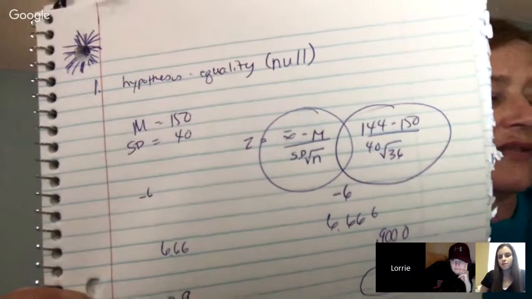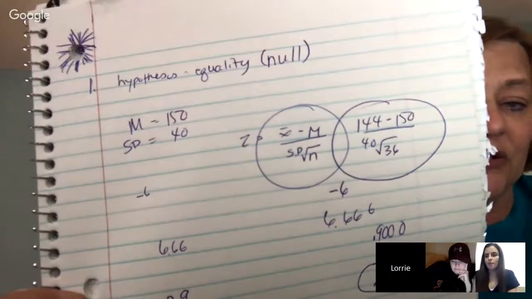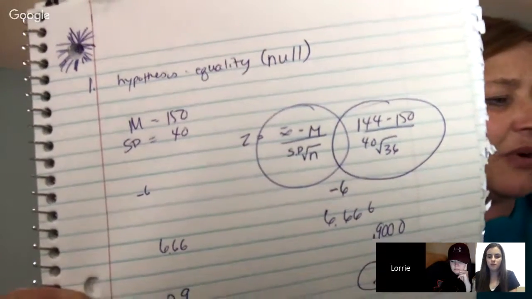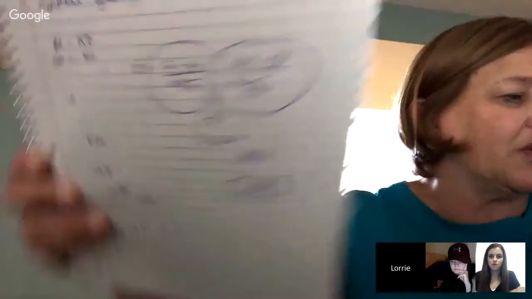Then you take negative 6 from the top row, divided by 6.666, and that gets you a negative 0.9. That makes sense. So you just have to do it more separated and not all together.